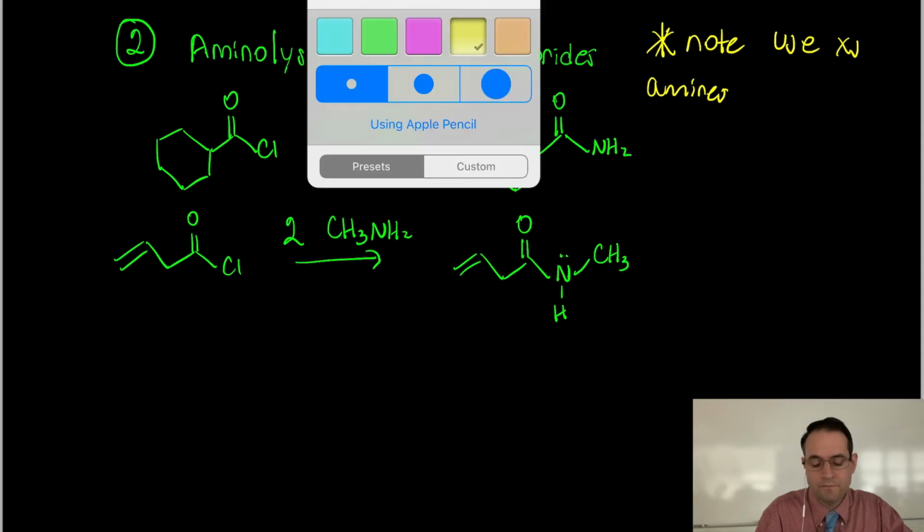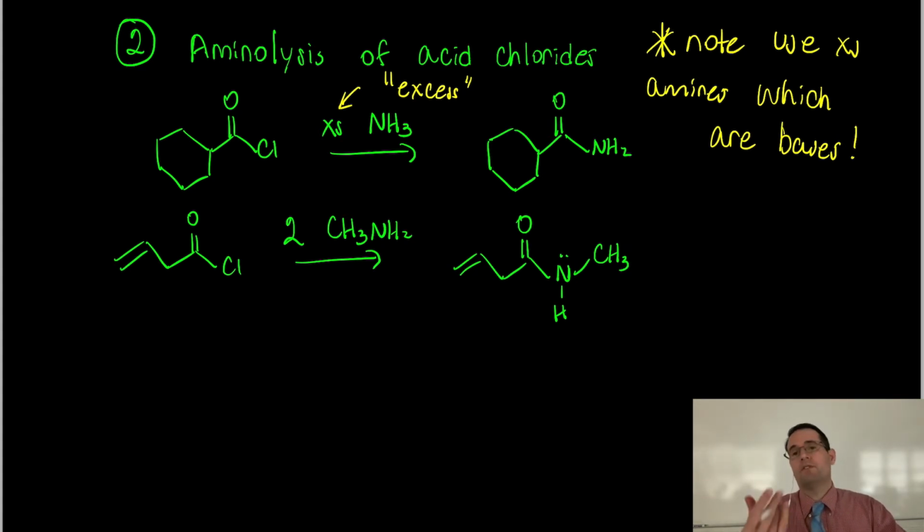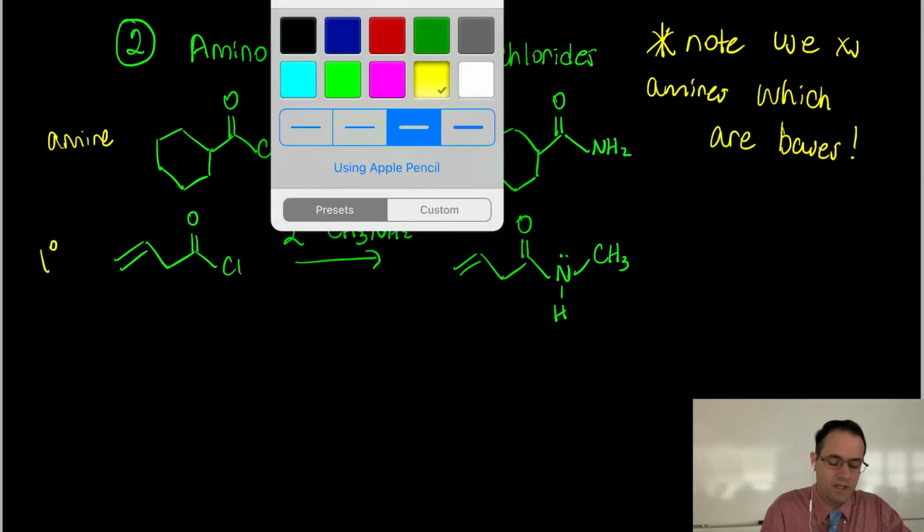Amines are nucleophiles, they give you the amide, and amines are also basic, so they can help soak up the hydrogen chloride that's formed. So this is with a primary amine, okay?